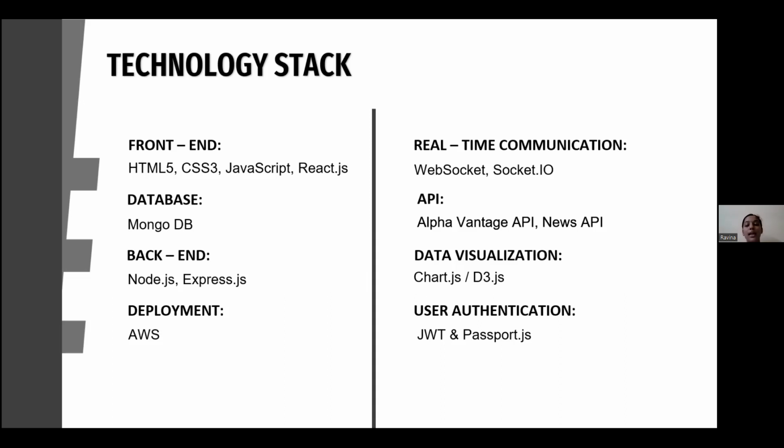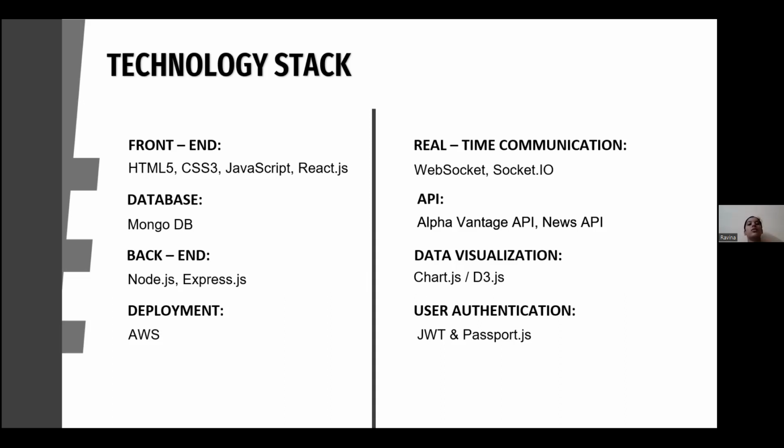For APIs, we use the Alpha Vantage API and News API. The Alpha Vantage API is used to collect the details of the stocks, and the News API is to give the trends and updates in the stock market. For data visualization, we are using Chart.js and D3.js. Both are JavaScript libraries, especially meant for data visualization.